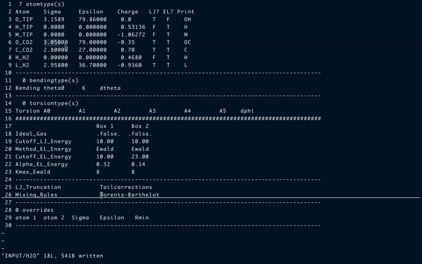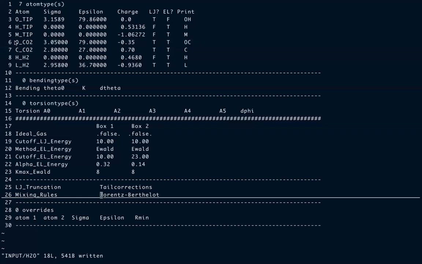Because remember, these sigmas and epsilons are only for the interactions between the oxygens in the same molecule. So if I have oxygen from carbon dioxide interacting with another oxygen from carbon dioxide itself, then these are the parameters that you have to use.